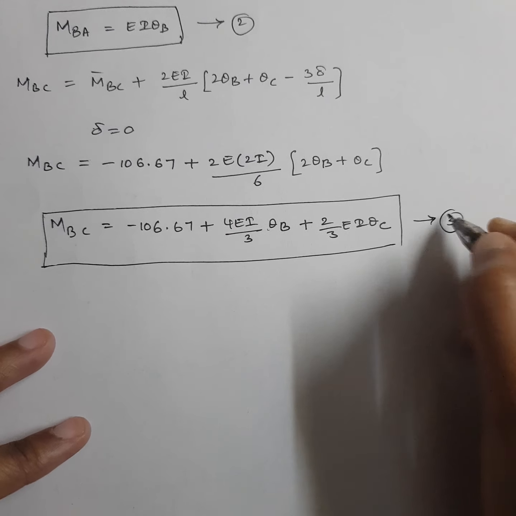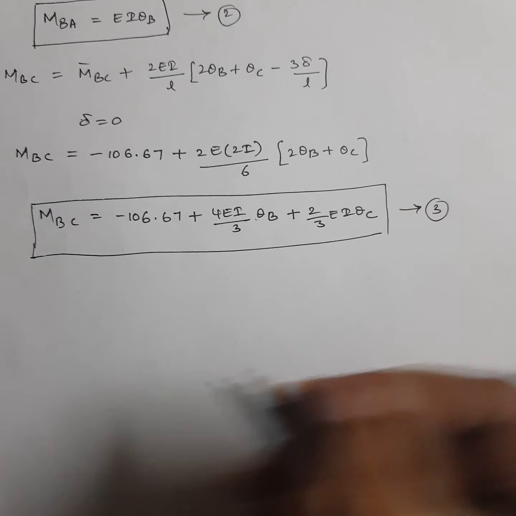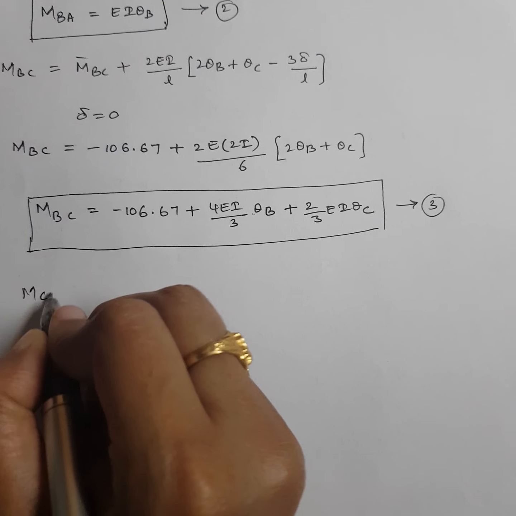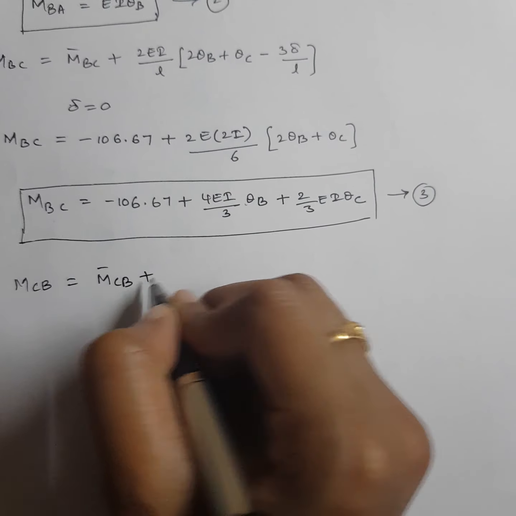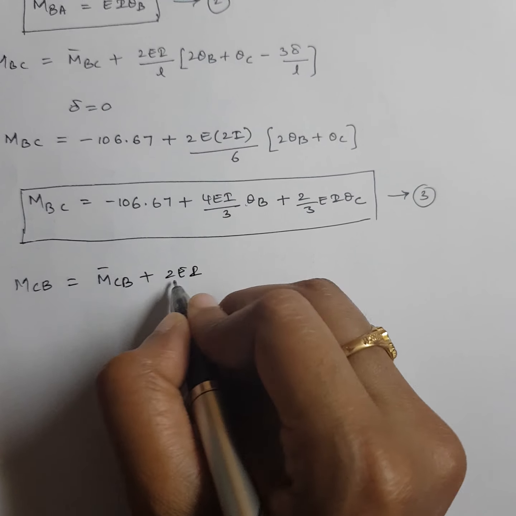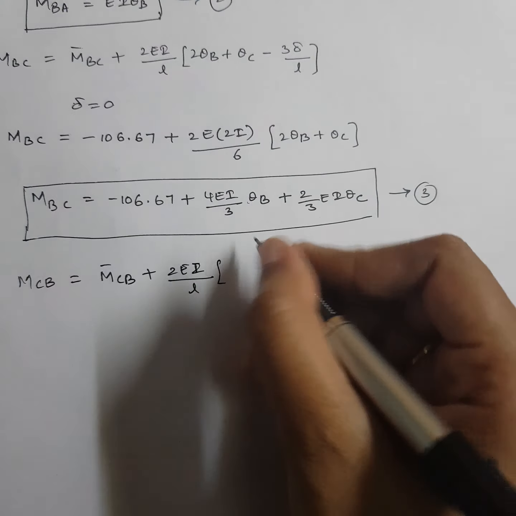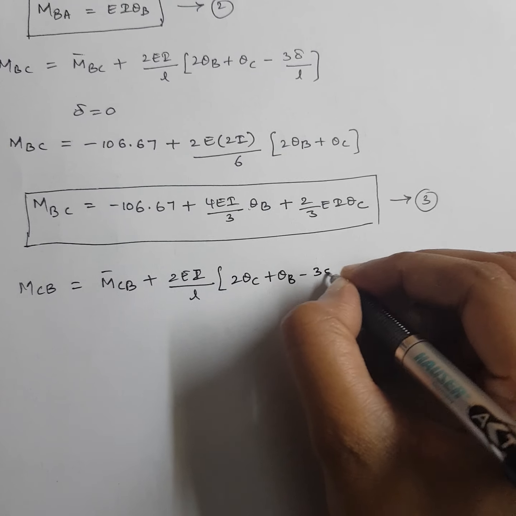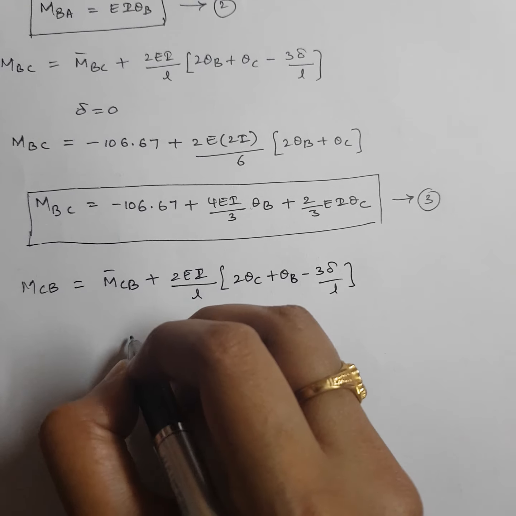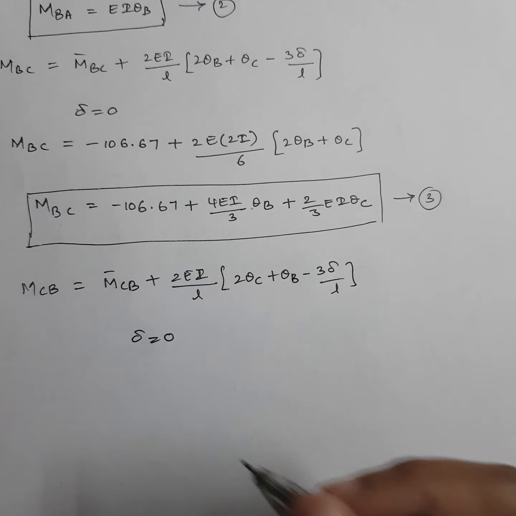Now similarly, let's write another slope deflection equation, which is MCB. MCB is equal to M bar CB plus 2 EI by L into 2 theta C plus theta B minus 3 delta by L. Only delta is 0.